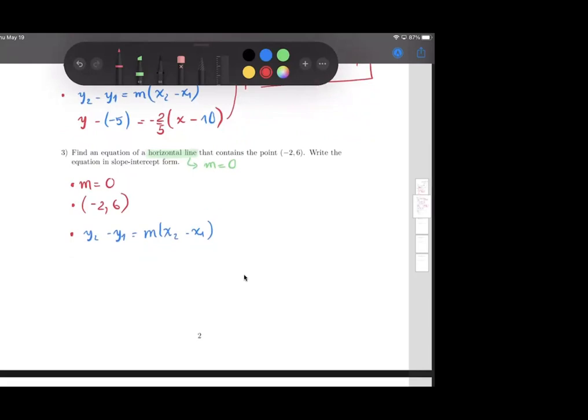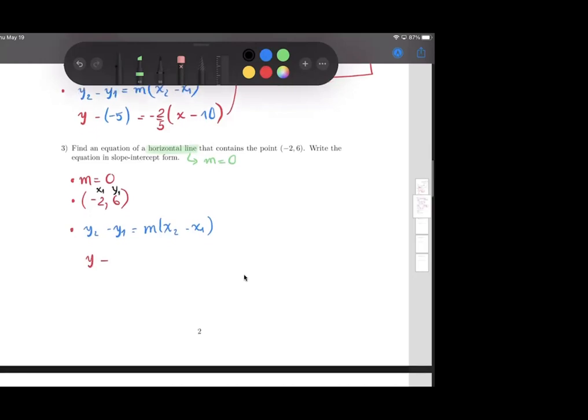I'll plug it in. So y minus, I'm gonna label because I always make a mistake. x1, y1, 6. I'll use black. I like it better. So y minus 6 equals, the slope is 0, right? And then x minus x1. x1 is -2.